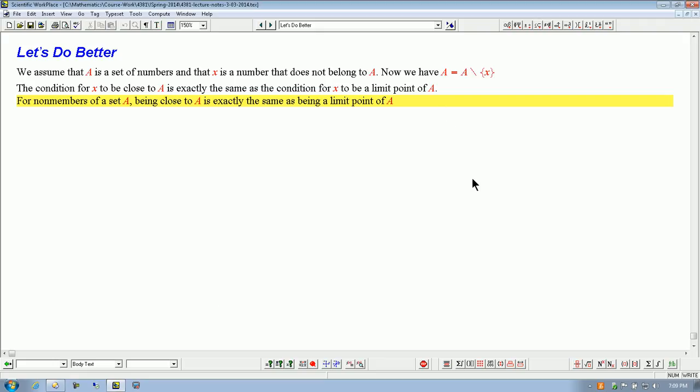Now I'm going to tell you something. Here is a further observation. We suppose that A is a set of numbers.